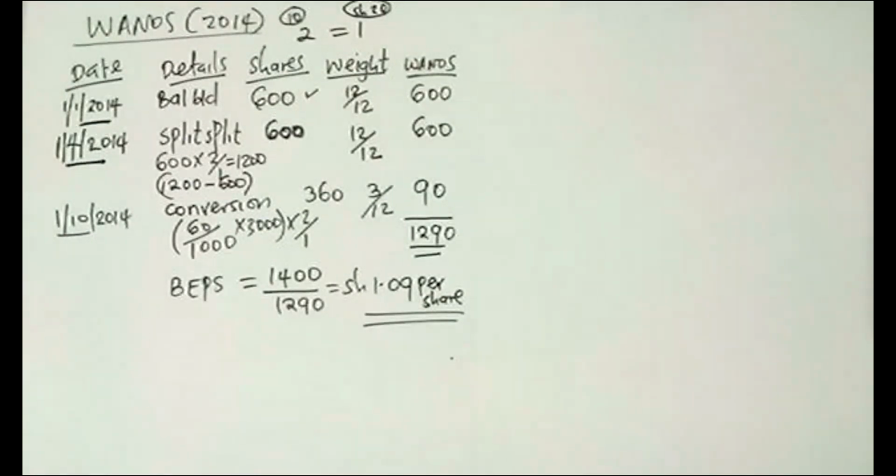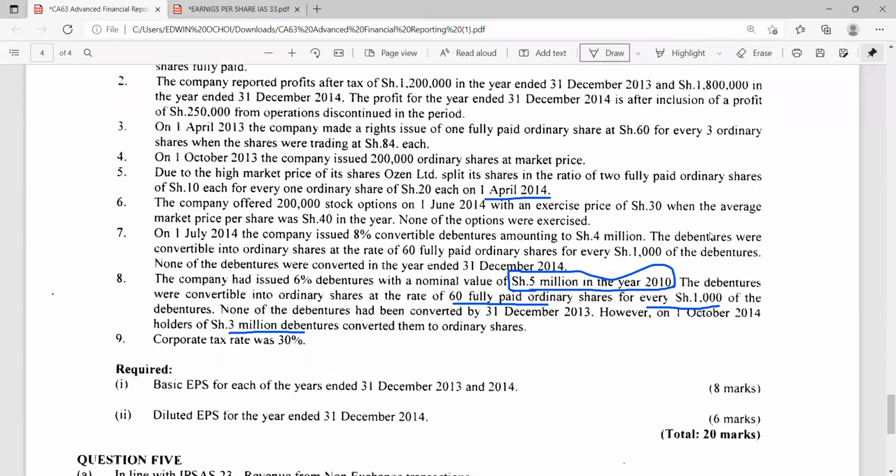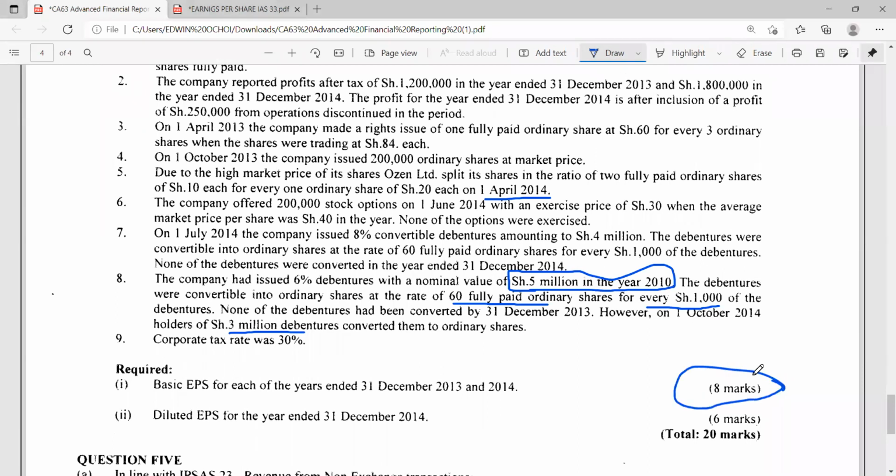If EPS comes in your exam, make sure you have these marks of basic. Score everything in basic. That is where you can capitalize, because diluted, there's a lot of work to be done there. Make sure you get all of these marks. This is very simple to score the 8 marks.